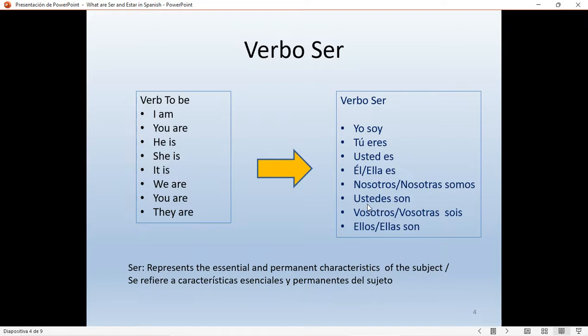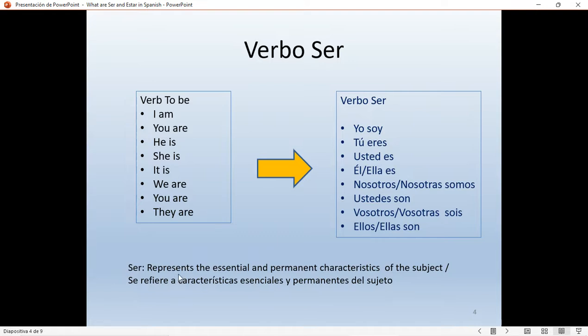Ustedes son, you guys, second person in the plural, are, for permanent conditions of the subject. Vosotros, vosotras sois. Remember, it is also second person in the plural, but when the conversation is informal. And then we have ellos, ellas, son. They are, third person in the plural.